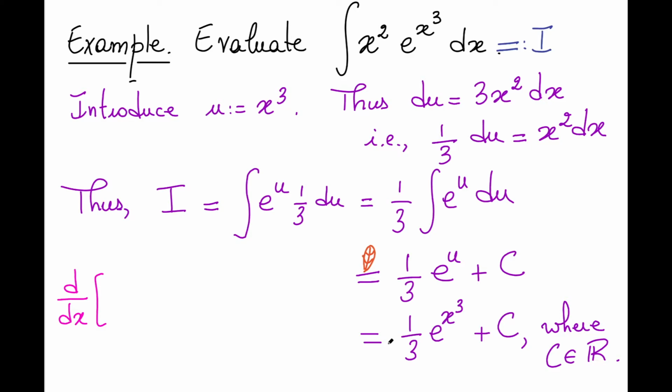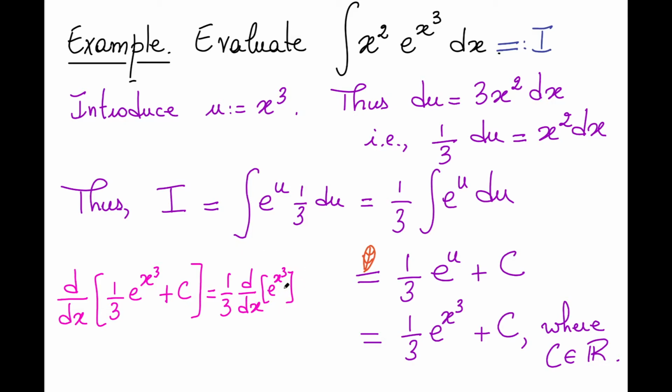So let's differentiate 1/3 e to the x cubed plus c. We get the derivative of each. The derivative of the first is 1/3 times the derivative of e to the x cubed, and the derivative of a constant is 0, so this becomes plus 0. I'm not going to write it.